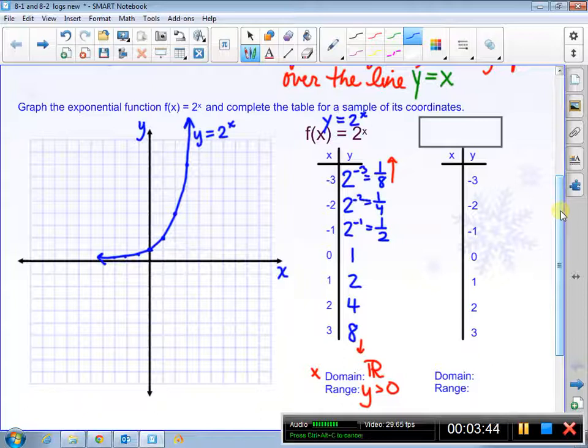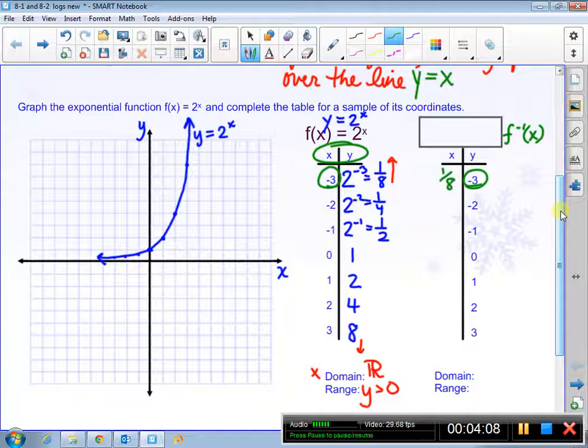Now, what we set up above was if we switch our x and y columns, then we'll get a plot for the inverse. So this table is going to represent f inverse. And you can see for negative 3, I put it in the y column. So the x column is 1/8.